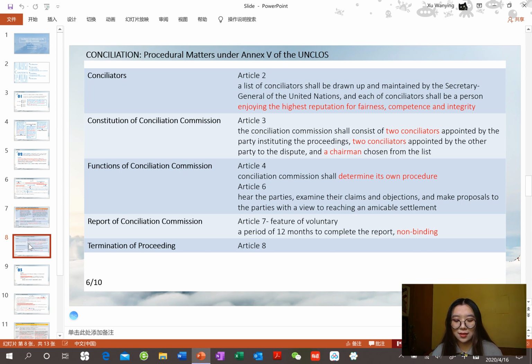In this slide, the conciliation report is important because its conclusions and recommendations shall not be binding upon the parties. It can make the parties to the dispute more secure in participating in the proceeding. Due to the time limit, please refer to my report for more details.